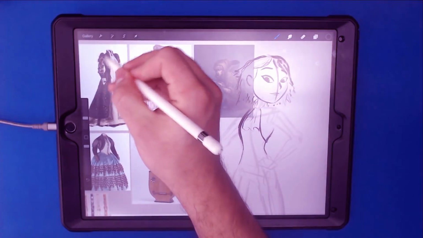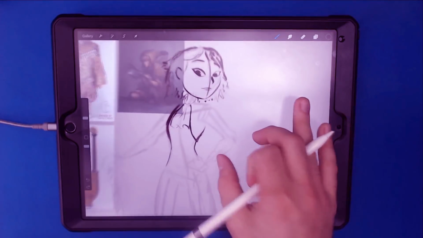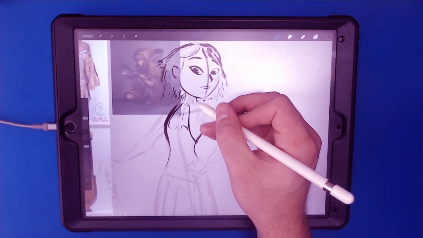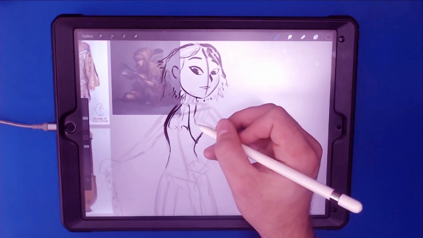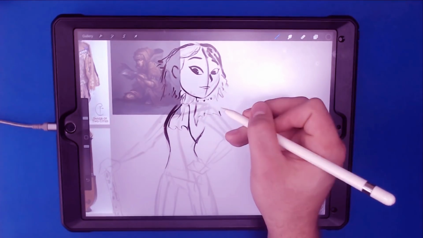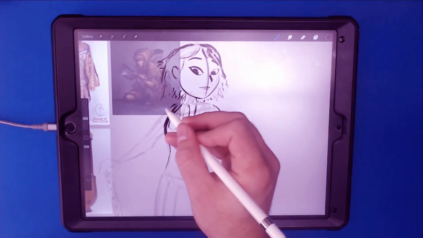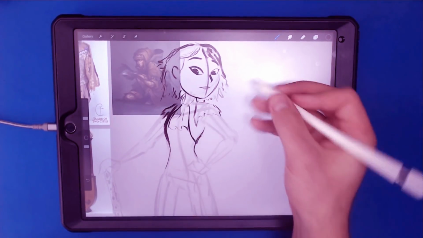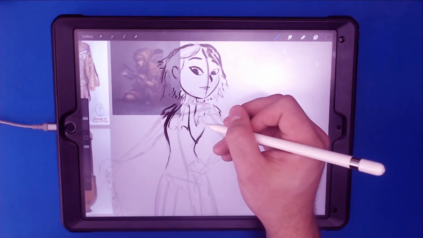I like the idea of the big poofy sleeves, or the big poofy shoulders rather, but I think that'll be just a little bit too much. So we'll do some layering of tattered rags. And we'll try as much as we can to layer those.